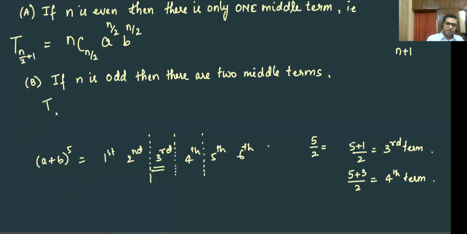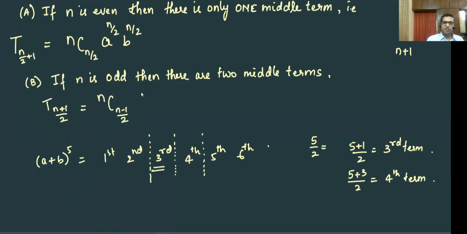What are they? The term n plus 1 by 2, which is nC n minus 1 by 2, because this is t r plus 1, so basically t n minus 1 by 2 plus 1.